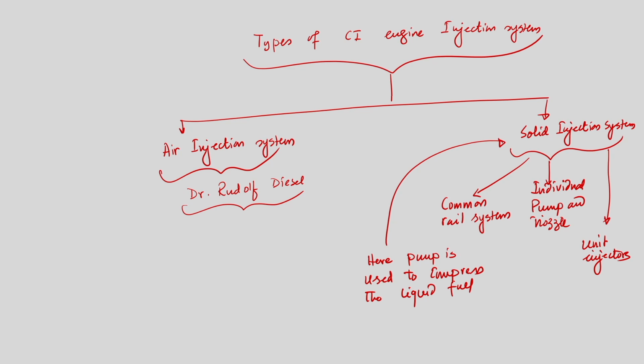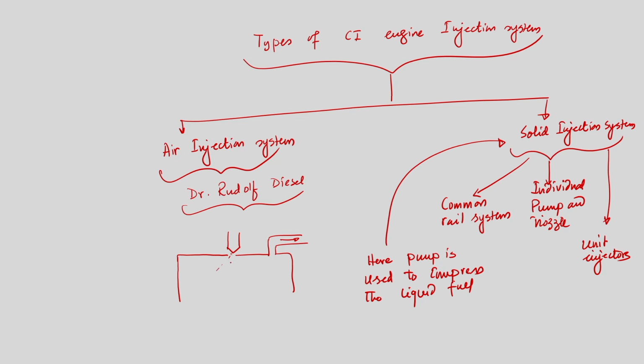So, in this injection system, I am just writing, this is not used nowadays because of an important problem, but say if this is the engine cylinder, then the combustion product is going out from the exhaust valve.